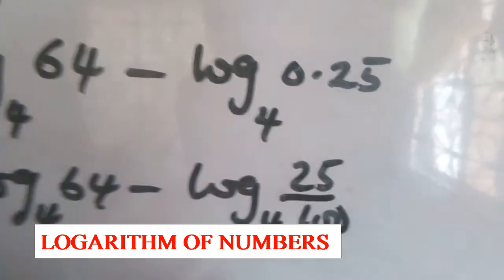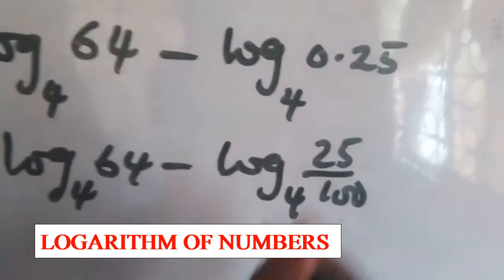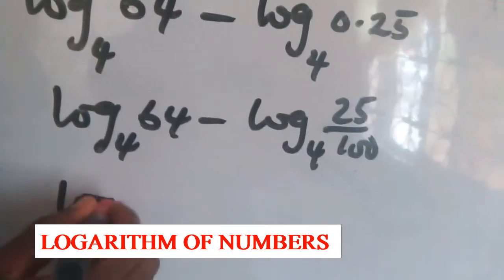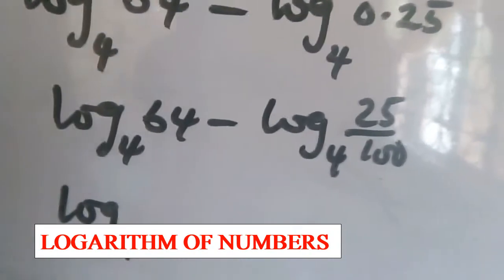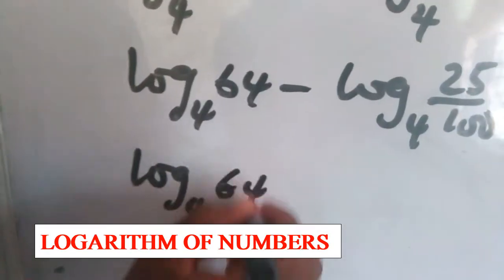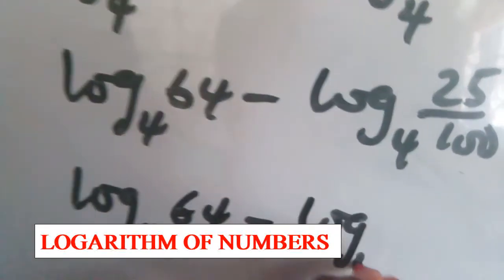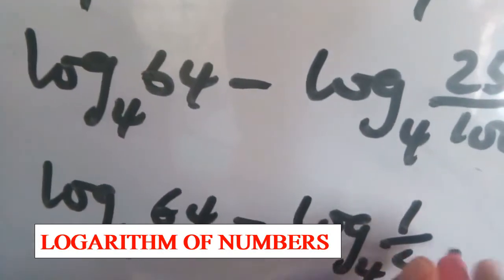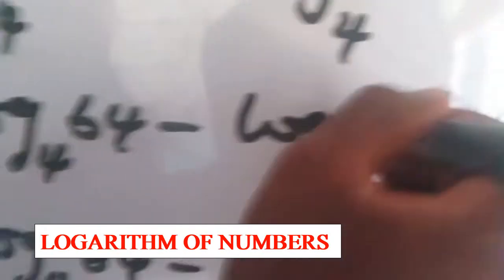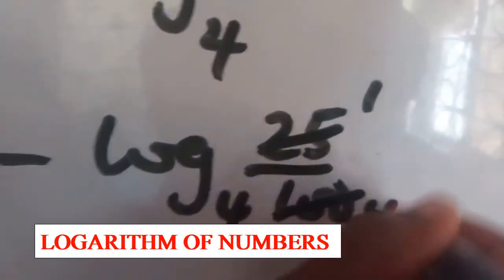We've converted this one to a fraction. This is the same thing as log 4 of 64 minus log 4 of 1 over 4, since 25 in 25 is 1, and 25 in 100 is 4.